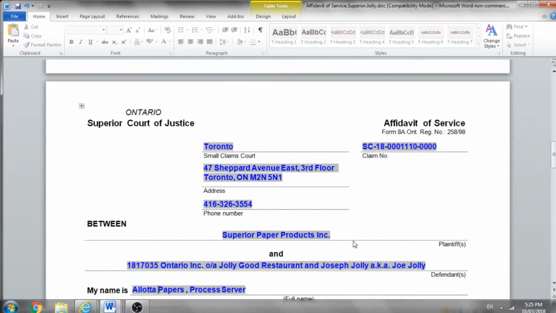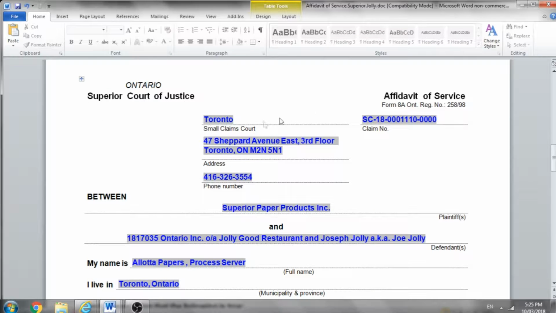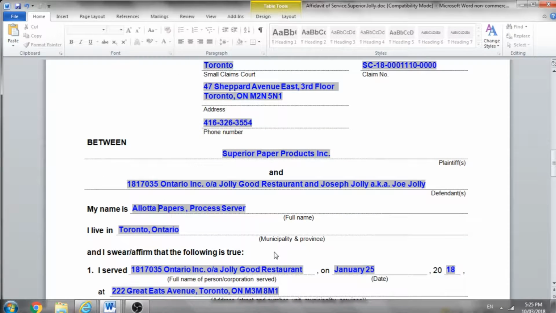Next, what we're going to do is complete an affidavit of service. So once again, we type in the title of proceedings. Now, for the purpose of our example, we're going to assume that the plaintiff's claim was served by a process server by the name of Alada Papers.